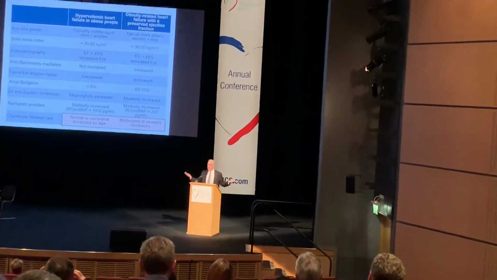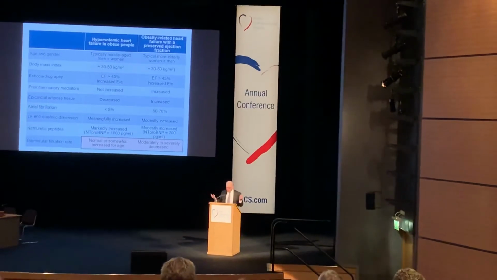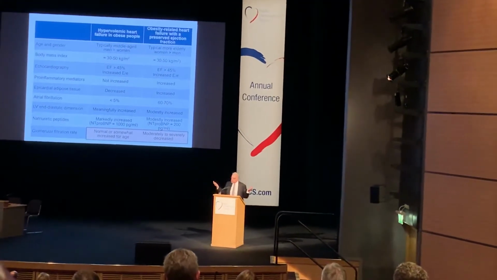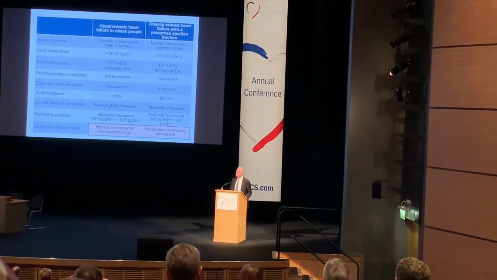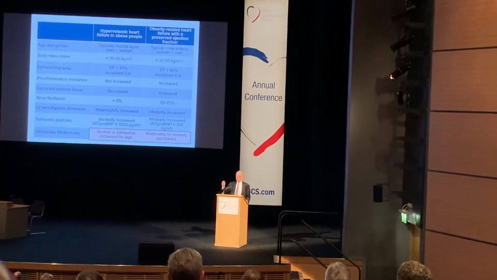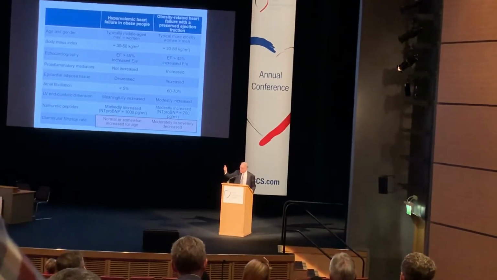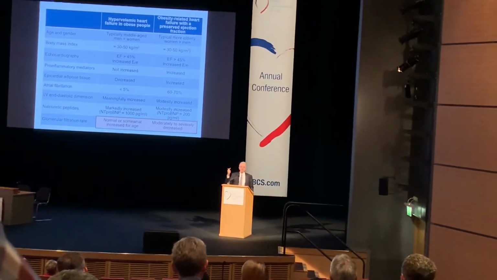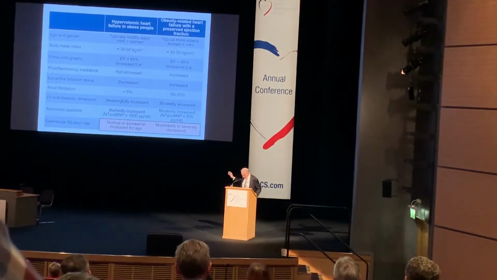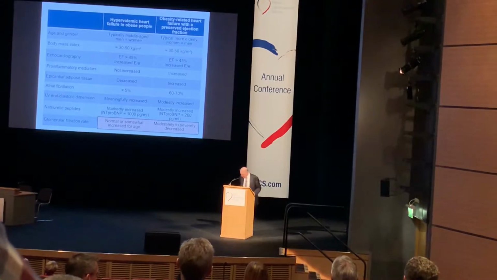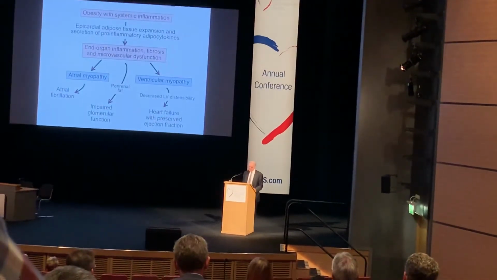The diastolic filling parameters on echo are very non-specific and are frequently attributed to concomitant hypertension. So remember, atrial fibrillation and impaired renal function signify the syndrome on the right. If both are absent, we're talking about the syndrome on the left.